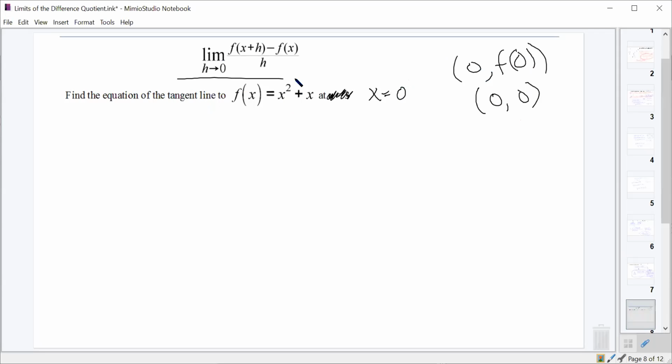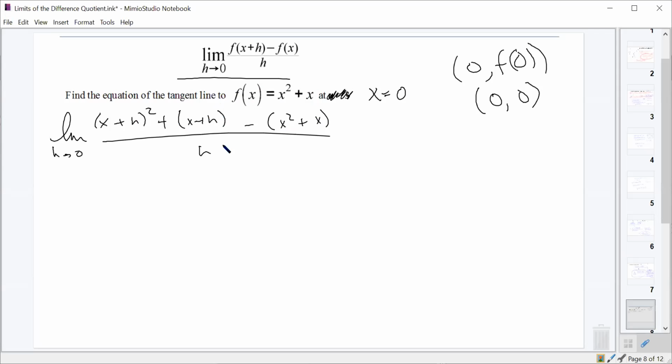So we're going to use this difference quotient and find the limit as h approaches 0 of (x plus h) squared plus (x plus h), minus (x squared plus x), all over h. That's our slope, m.